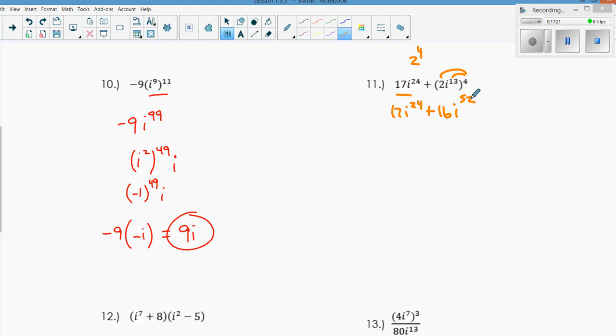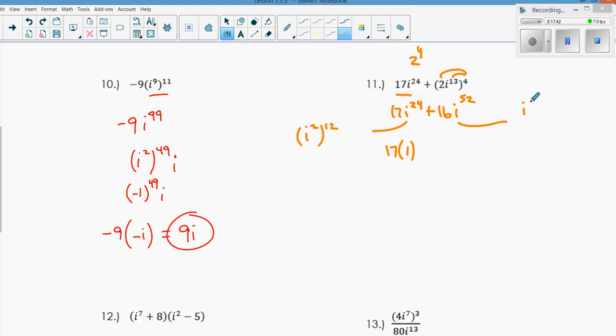Okay. Unfortunately, those are two different powers of i, so I have to figure out what both of them are. So i to the 24th is the same as i squared raised to the 12th, which just means that's negative 1 raised to the 12th. So it is positive 1. So 17 times 1.